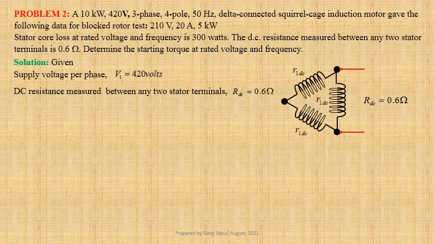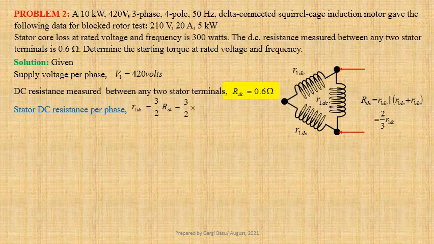Expression for DC resistance between any two stator terminals RDC equals R1 DC parallel with R1 DC plus R1 DC, that is equal to 2/3 R1 DC. Therefore, expression for stator DC resistance per phase R1 DC equals 3/2 RDC, that is equal to 3/2 into 0.6, that gives us 0.9 ohm.